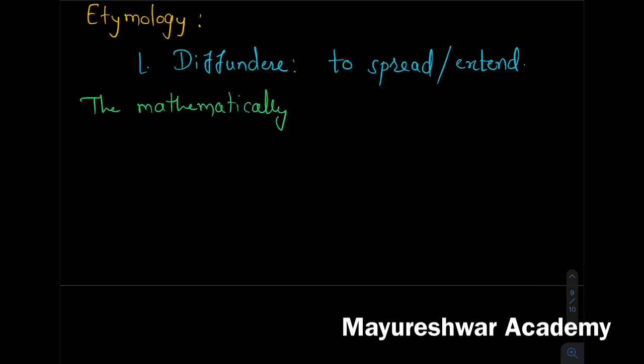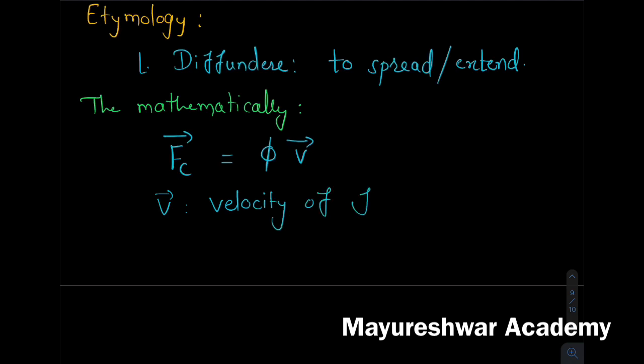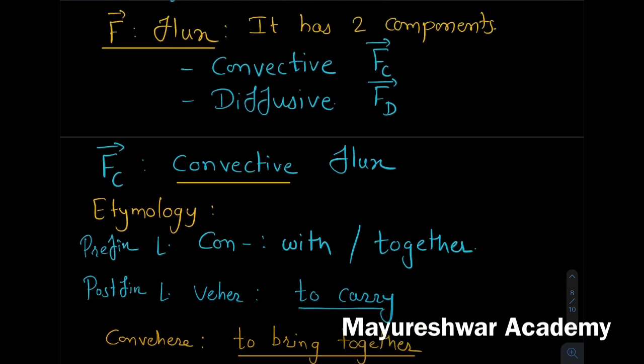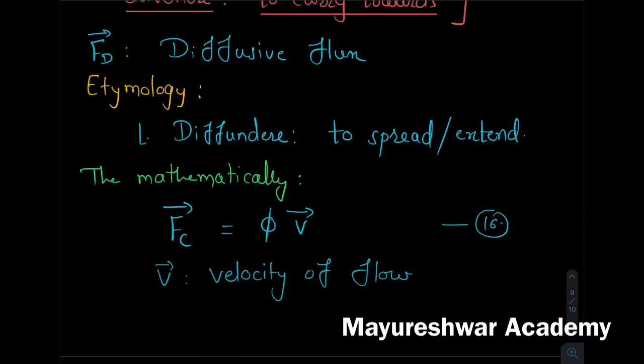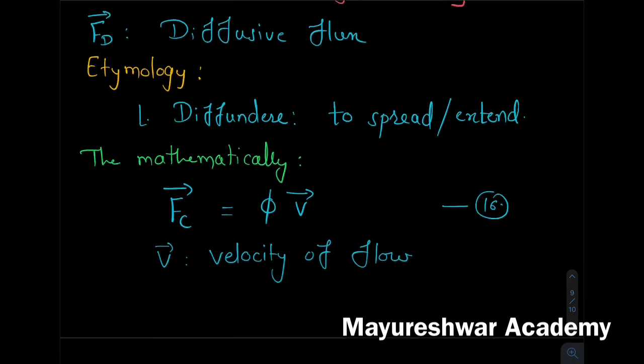The mathematical formulations of these quantities will be as follows. We are carrying something, so naturally it will come with some velocity: the property multiplied by its velocity component, the velocity of flow. That defines the convective flux. Let us title this as equation 16.